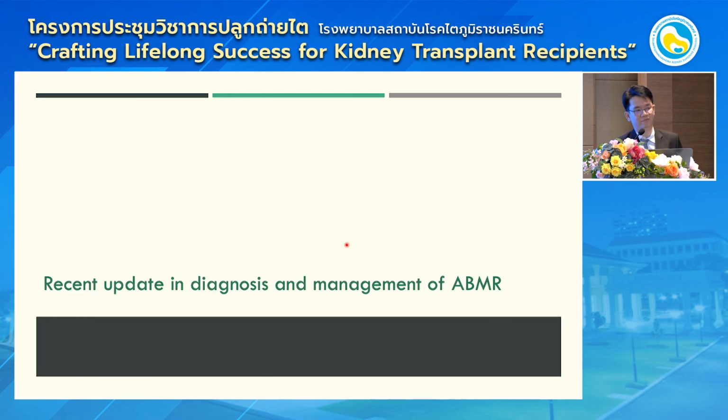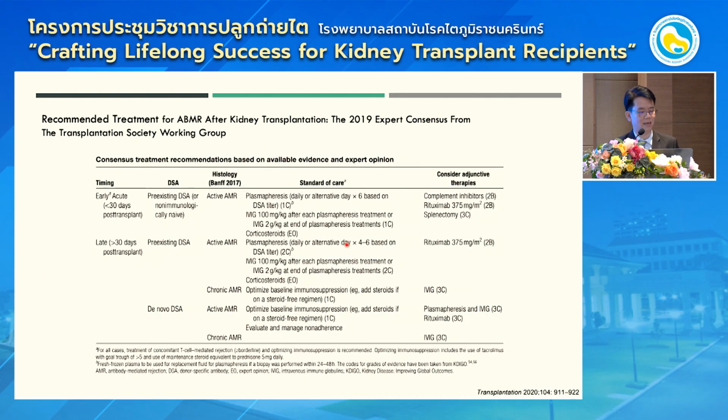Okay, this is the first half of my talk. And the second half is about the recent update in diagnosis and management of ABMR. This is not prevention of ABMR, but management of the ABMR.